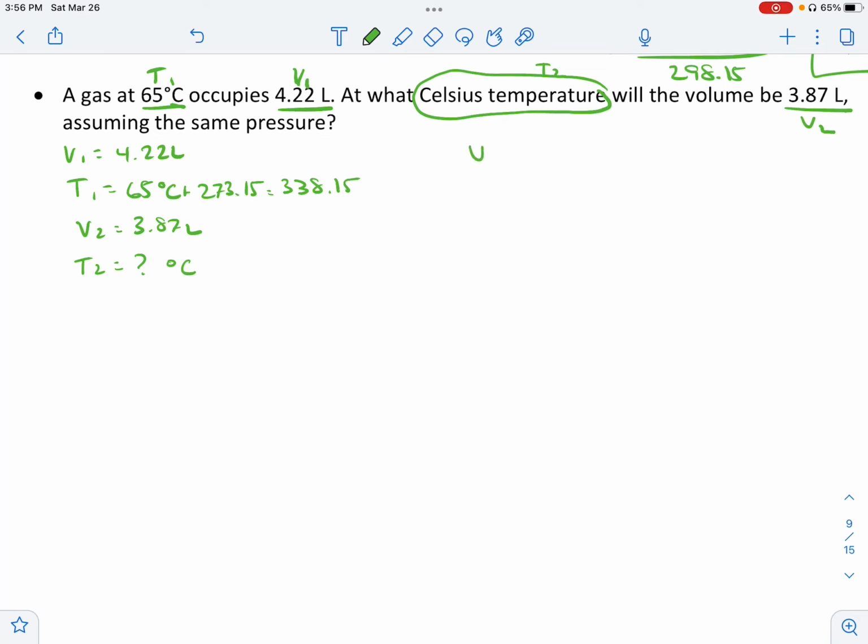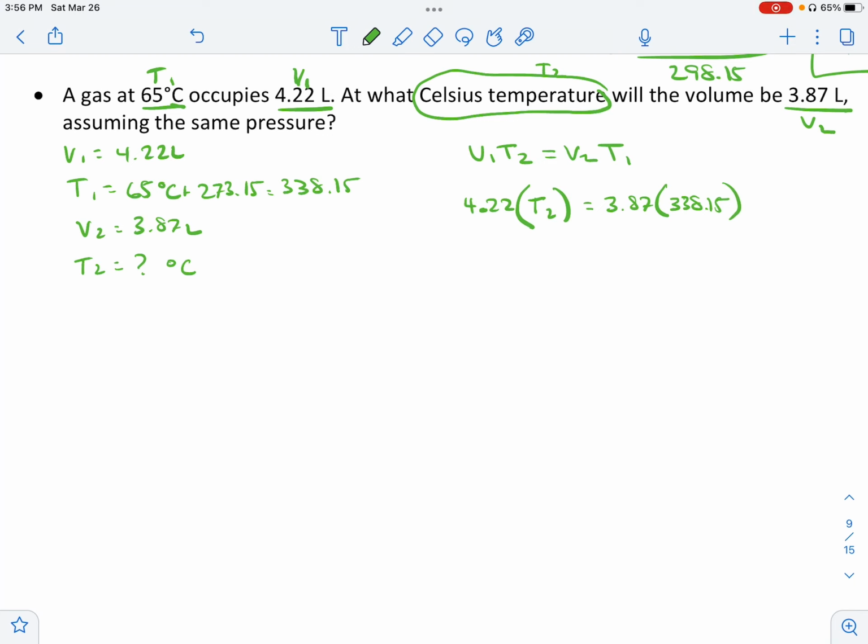So remember our formula, V1 T2 is equal to V2 T1. Let's start plugging it in. 4.22 is my volume. T2 is my question mark, so I'm going to leave that. It is equal to V2, 3.87, times T1, which is 338.15.